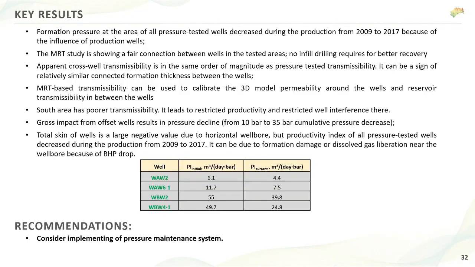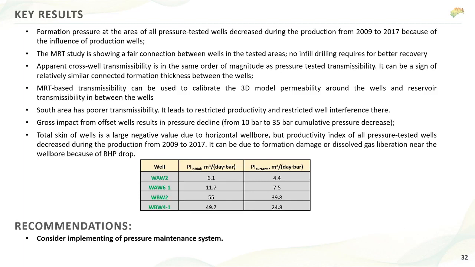And another thing we saw here is that there was a drop in the productivity index for each of those wells. So as our reservoir pressure is going down, and it again crossed the line of bubble point, unfortunately we have more and more gas around the well in the reservoir, and it leads to decline in productivity index.